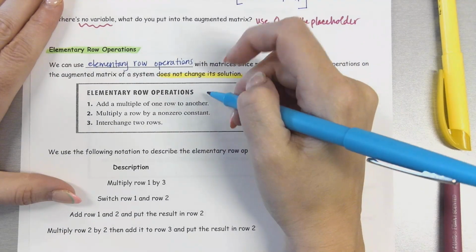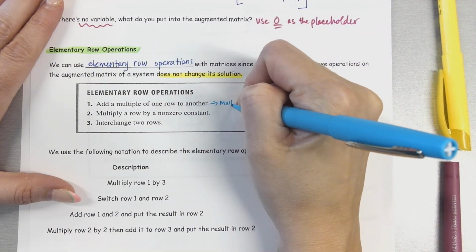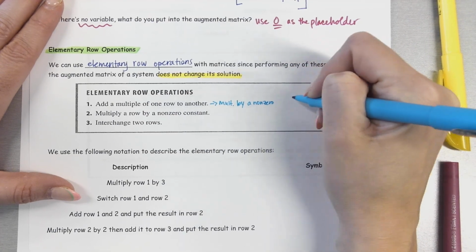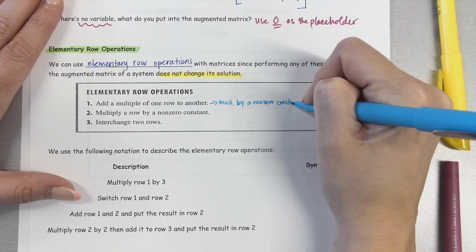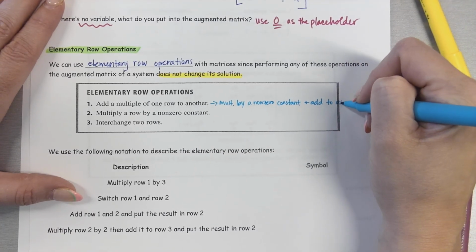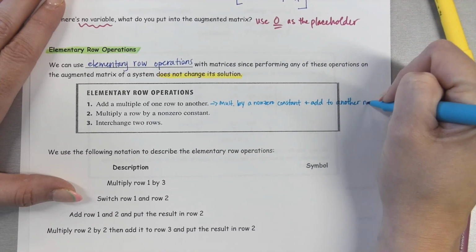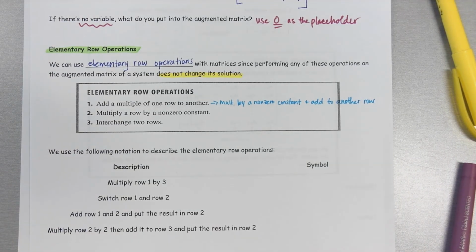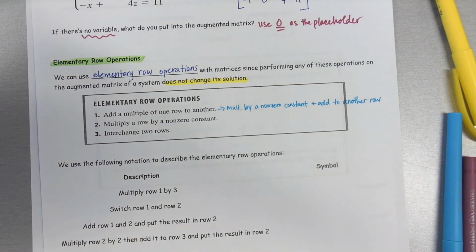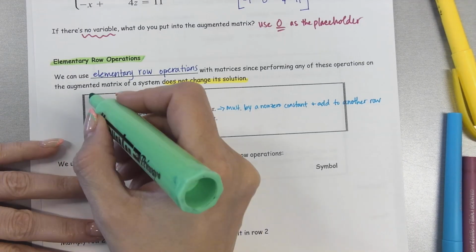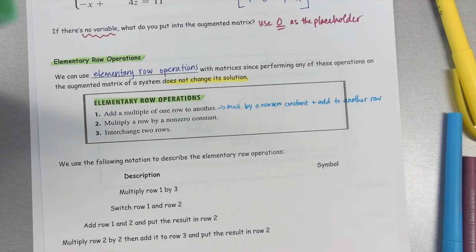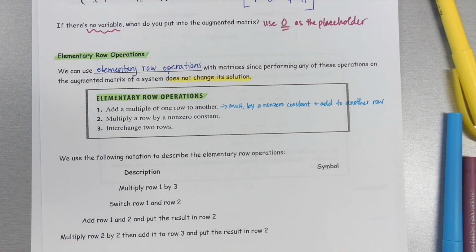So you have to multiply by a non-zero constant. And then you can add that to another row. So when it says add a multiple of one row to another, you're just multiplying by a value that's not 0, and then you can add that to another row.